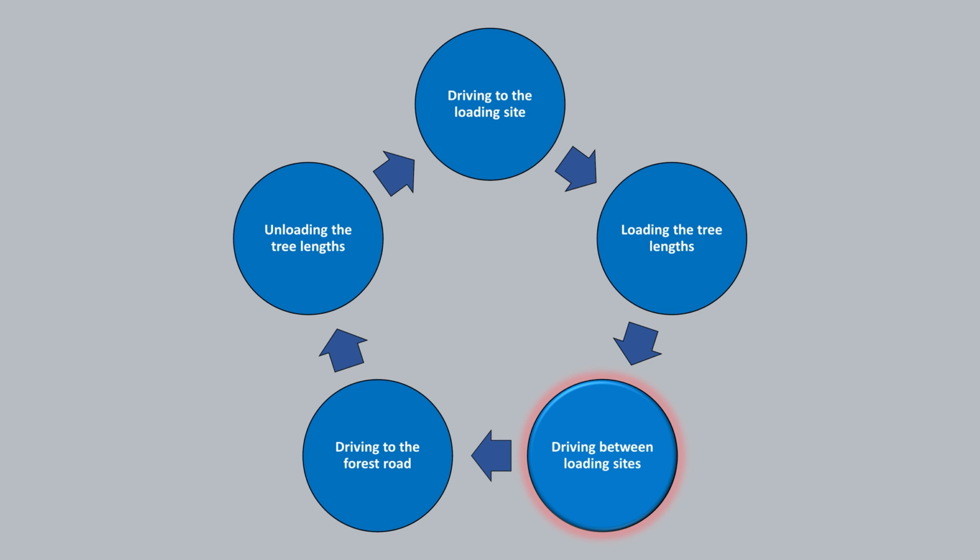Driving between loading sites. Once the first tree length or bunch of tree lengths was loaded, the machine is driven on the trail to the next tree length or bunch of tree lengths. This, as well as loading, is repeated until the intended capacity of the trailer is reached. Driving to the forest road, also called loaded turn or driving when loaded, in which the machine is driven on the trail to extract the payload at the forest road or at the landing.